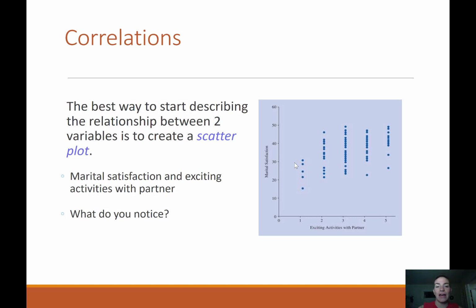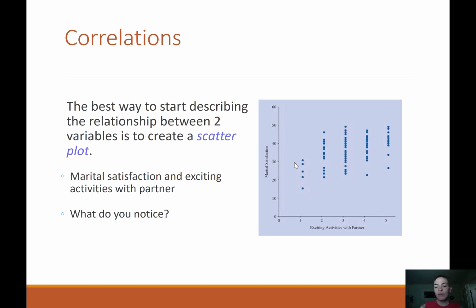So we could create a scatter plot, for example, for marital satisfaction scores and another numeric variable that represents the number of exciting activities individuals report that they engage with their partner in an average week. So the two numeric variables are the marital satisfaction score and the number of exciting activities reported.